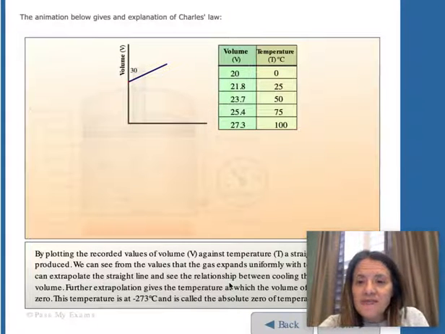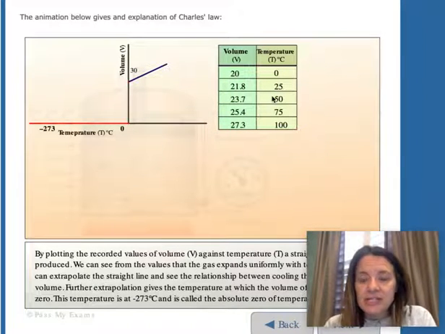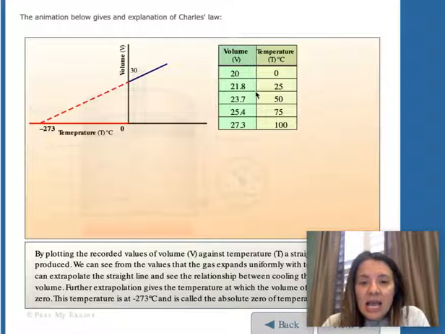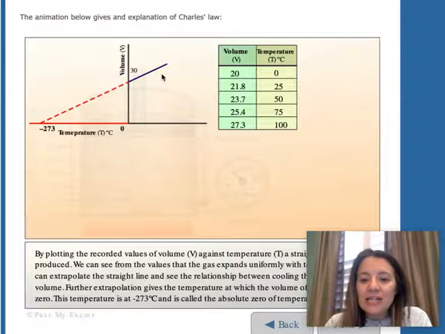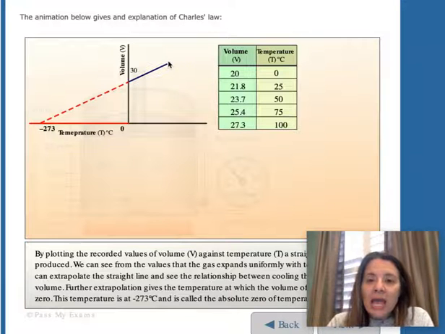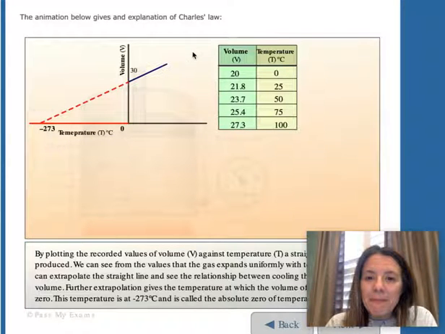We can plot these values of volume versus temperature in degrees Celsius, and we notice that we get a straight line. This is a linear relationship. We can see from the values that the gas expands uniformly with temperature. If we were to extrapolate, that means to extend our line going backwards, we would notice that it intersects the x-axis at a very specific point.